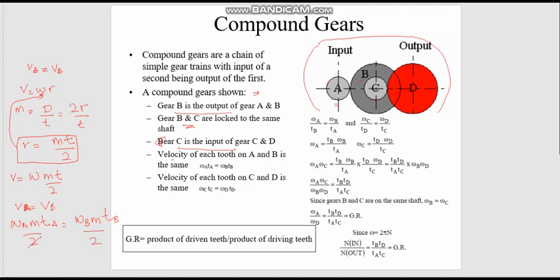So we can cancel out 2, and since M, the module for gears that are meshed together, is the same, M cancels out. What I have is omega A times TA equals omega B times TB. So this is where this equation comes from.